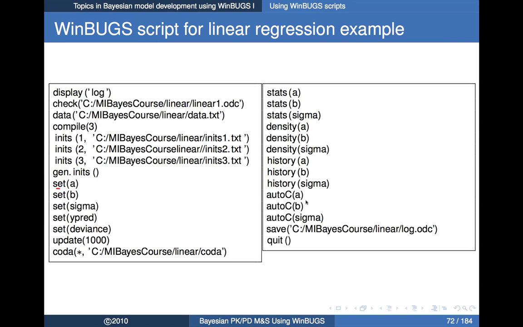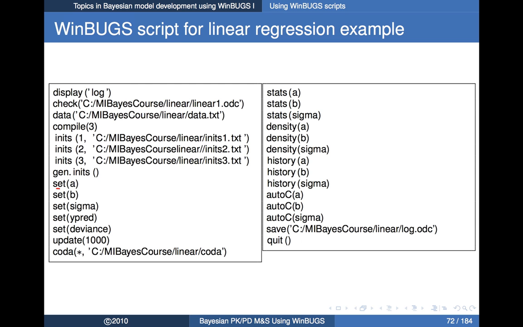AutoC creates the autocorrelation plots, which I think I showed you briefly during the last session. And then finally, if you'd like to save the log which shows the plots and the results of doing the commands, you just say save, and you give a path to save the log file in. And then if you don't want the GUI to stay open, then you just put a quit command in there.